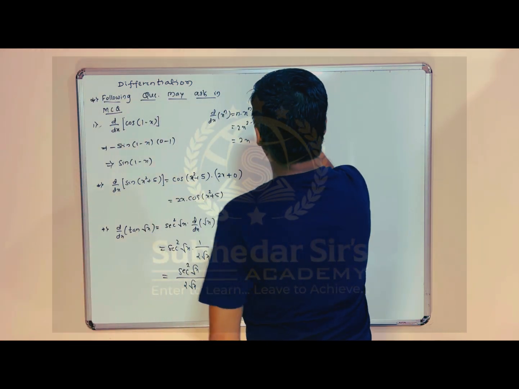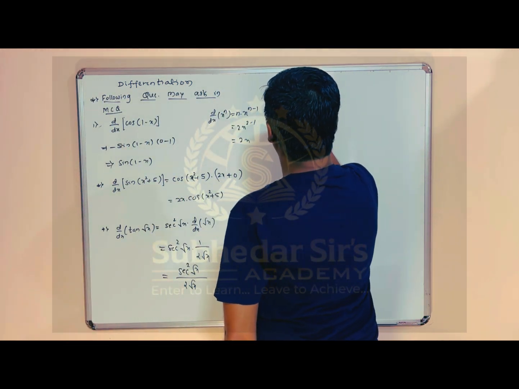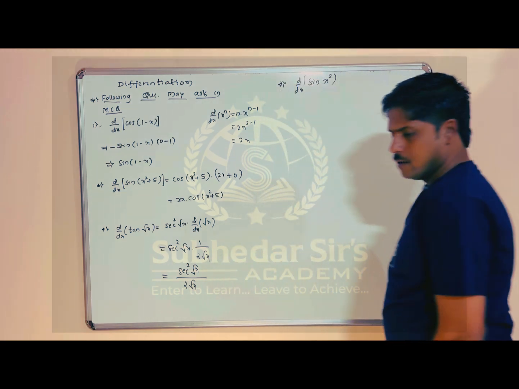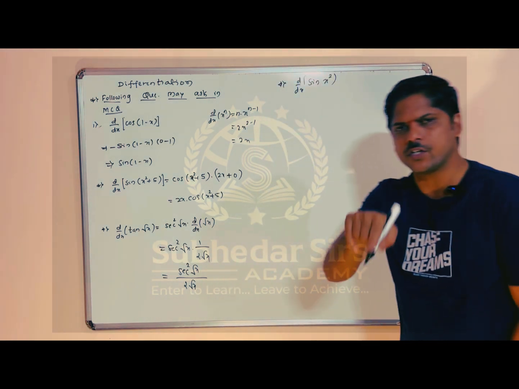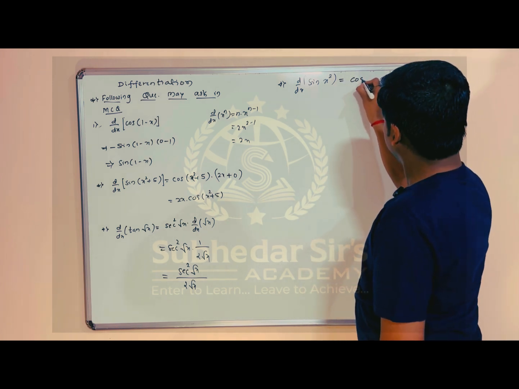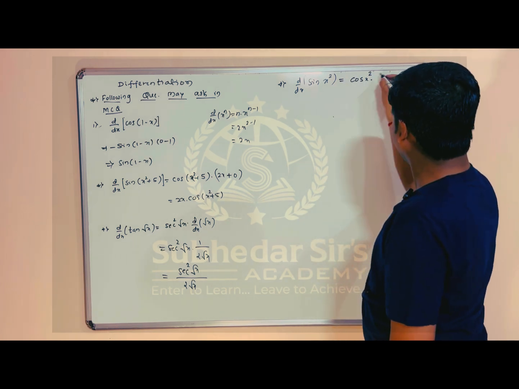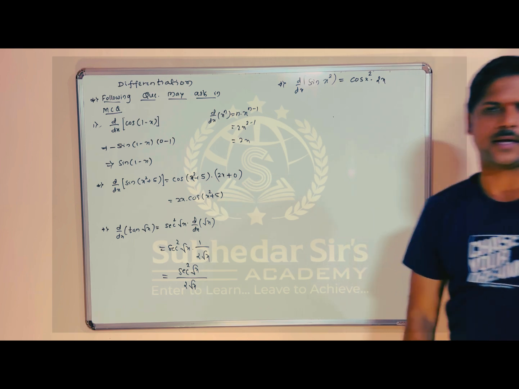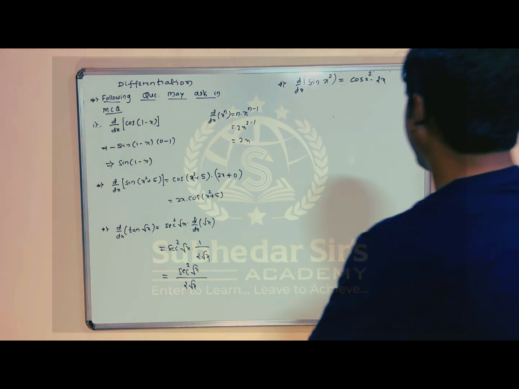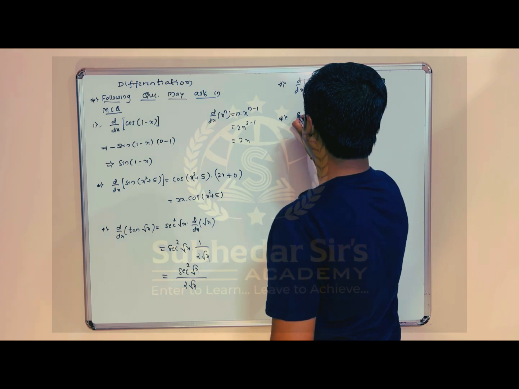Okay. So next, d by dx of sin of x square. Sin x differentiation is cos x. What about sin of x square differentiation? So cos x square into x square differentiation is 2x. Right? Next, differentiation of e to the power minus x.